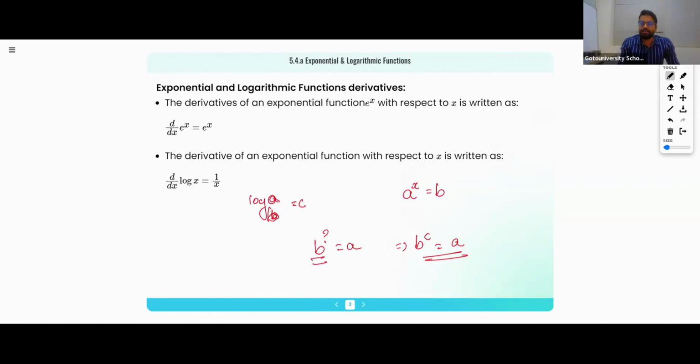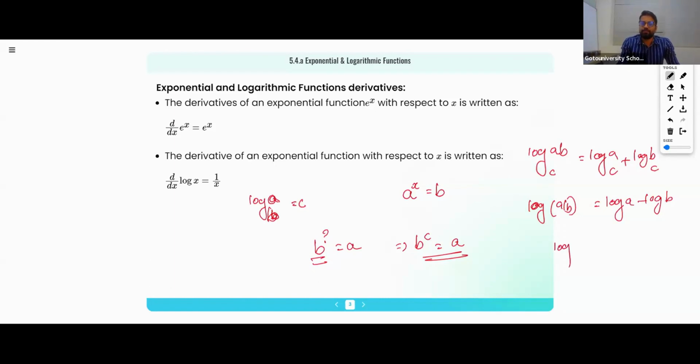We have this formula: logarithm of ab to the base c. A product can be written as logarithm of a to the base c plus logarithm of b to the base c. Similarly, the logarithm of a fraction a by b can be written as logarithm of a minus logarithm of b.